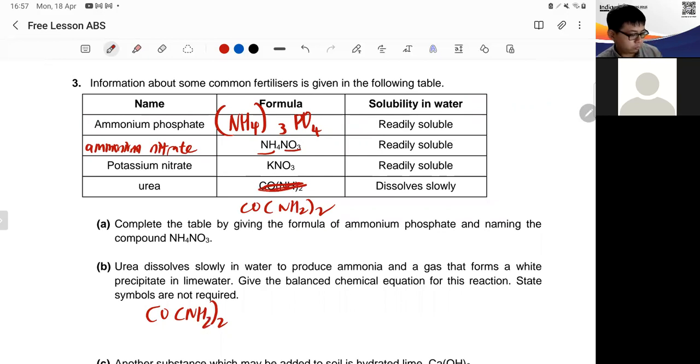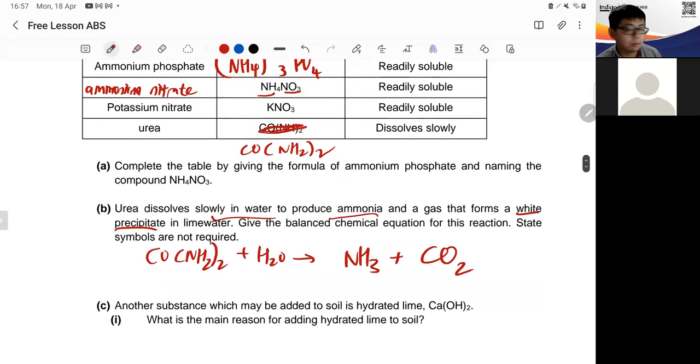It reacts with water to produce ammonia and a gas that forms a white precipitate in limewater. And of course, the gas is carbon dioxide. A balanced chemical equation and state symbols are not required. So all we've got to do is look at this and think of how to balance. Quite simple. Done.